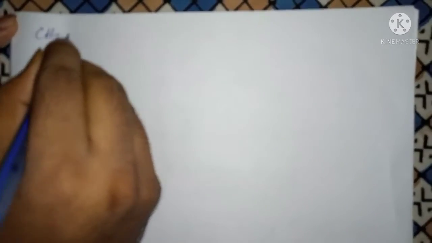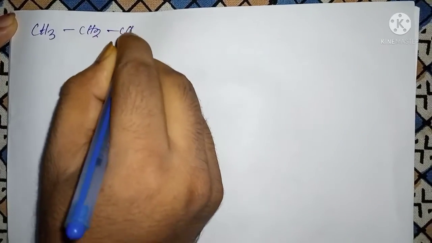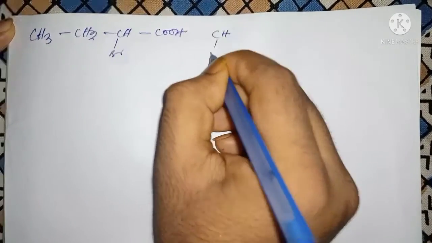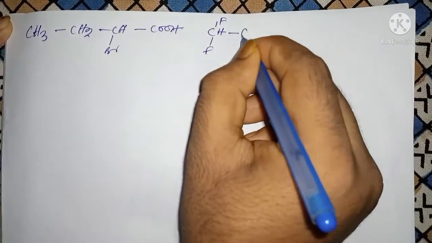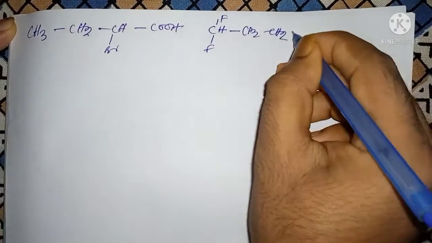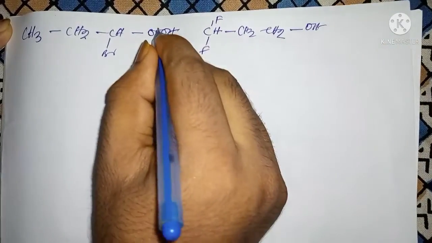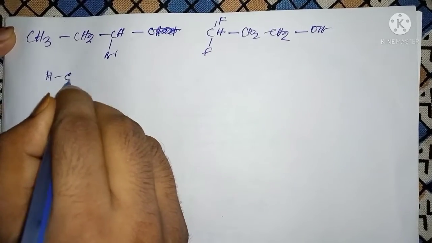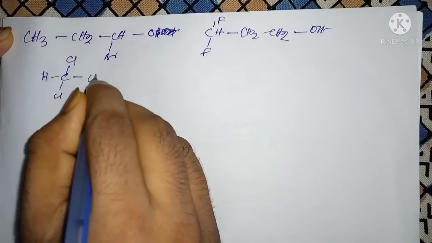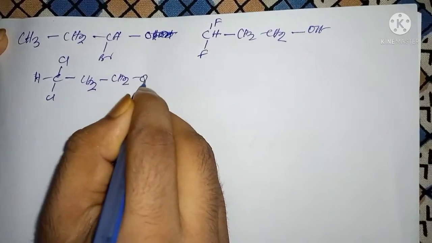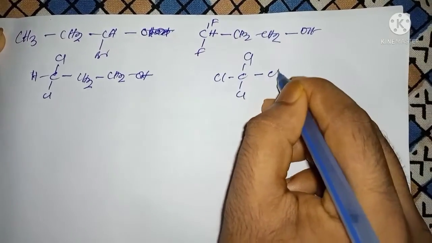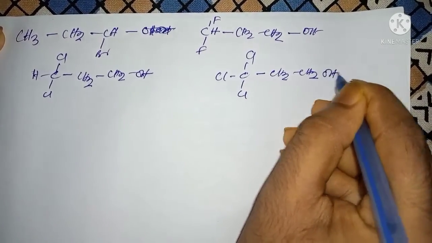Now another example to clear this concept of the DNP rule. CH3CH2CHBrCOOH, CHF2CH2CH2OH, CHCl2CH2CH2OH, CCl3CH2CH2OH.